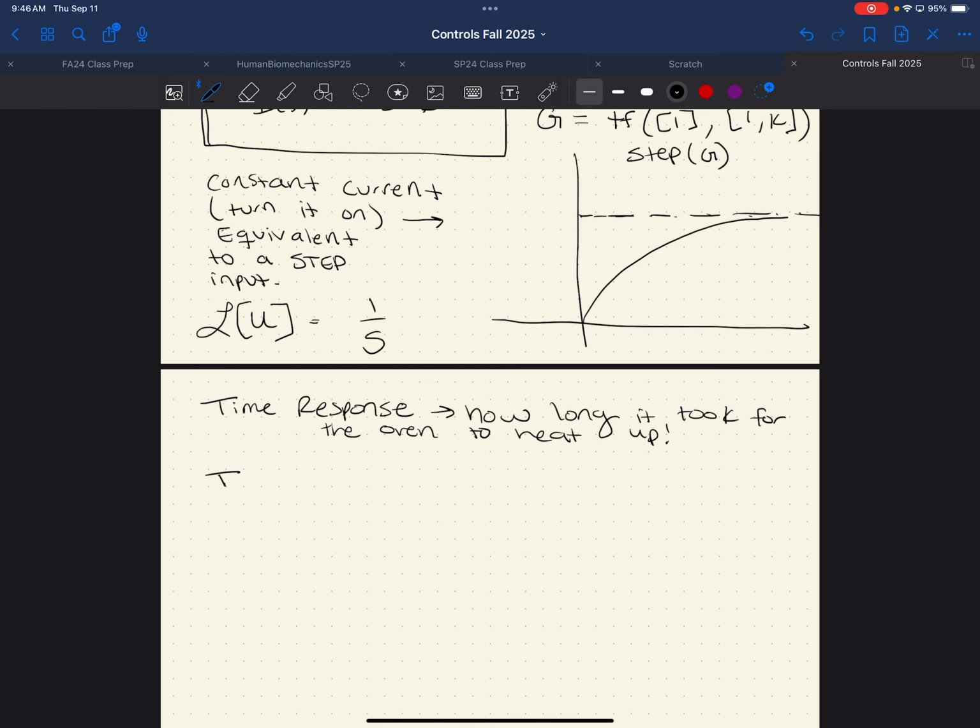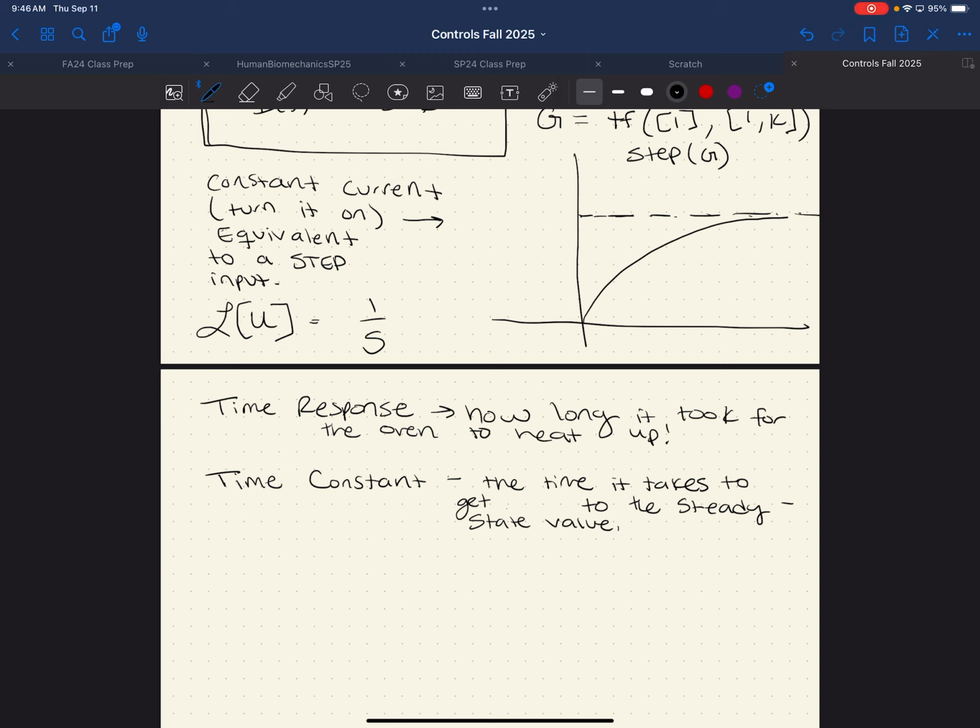And so to understand this property of our system, we really only need one number called the time constant, which is defined as the time it takes to get, I'm gonna let you guys tell me that, blank percent of the way to the steady state value.